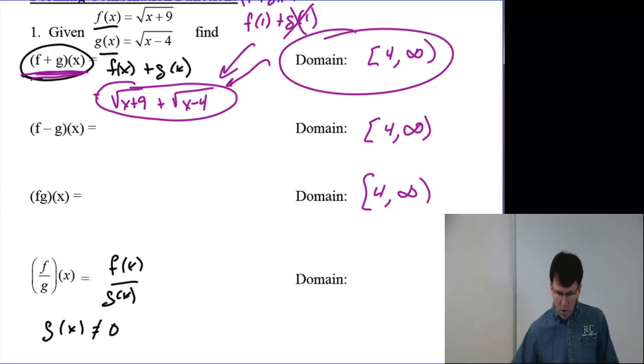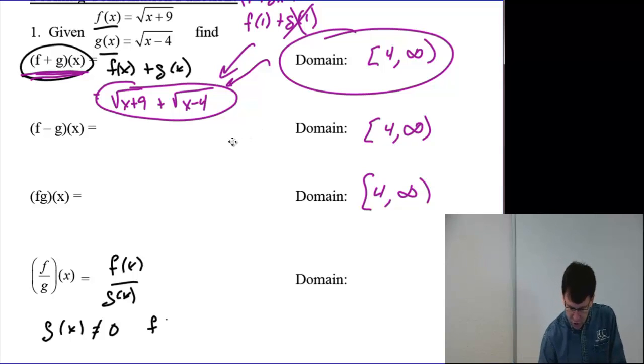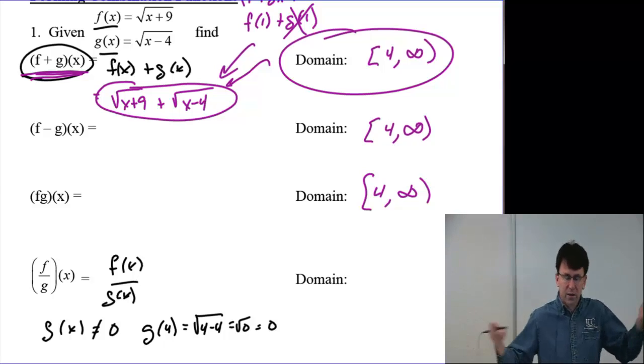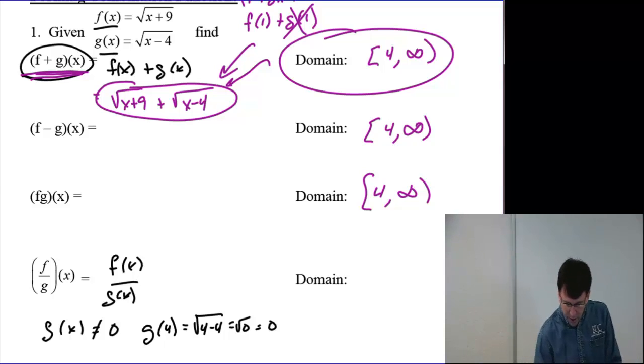So I have one additional little problem here, because if I take g of, I said g and I wrote f, and I was thinking g the whole way. If I said, let's find g of 4, well, g of 4 is going to be the square root of 4 minus 4, which is the square root of 0, which is 0, which is certainly doable from an allowable input, but that 0 would go out here on the denominator, and that's not going to be allowed.